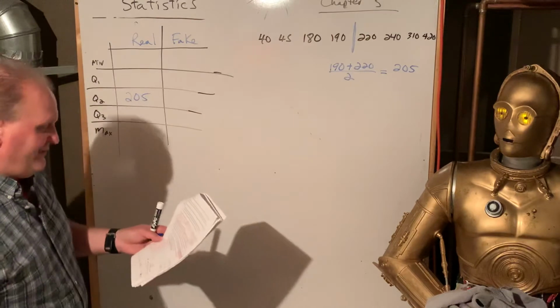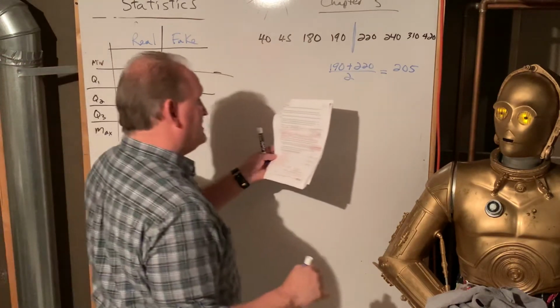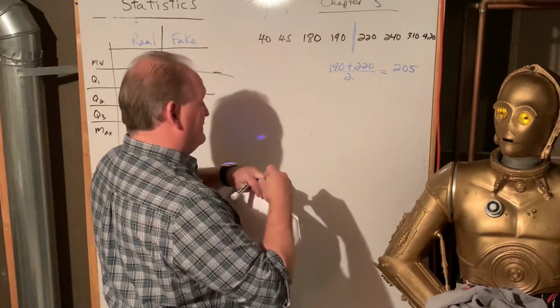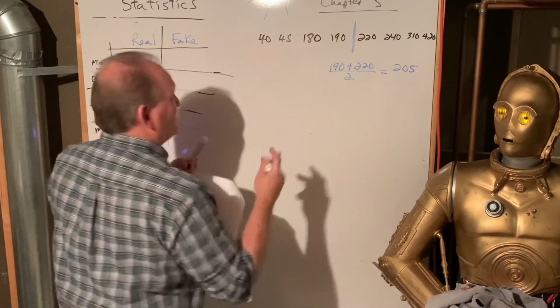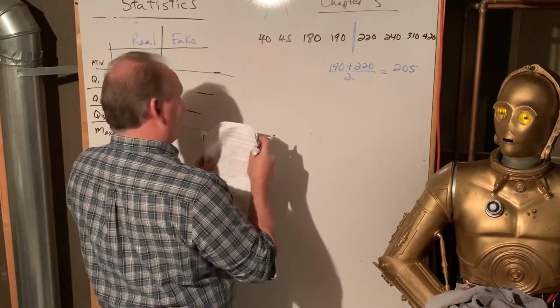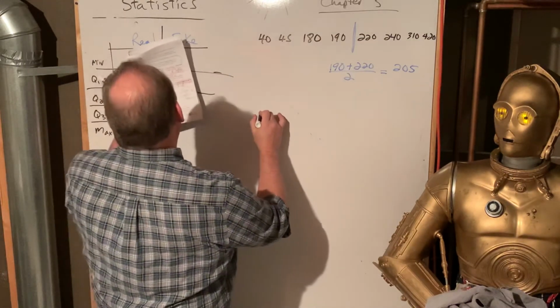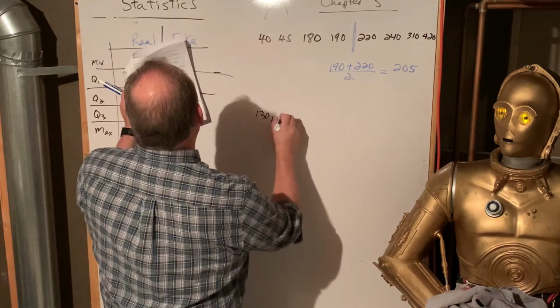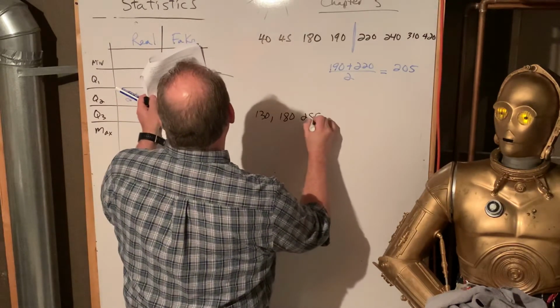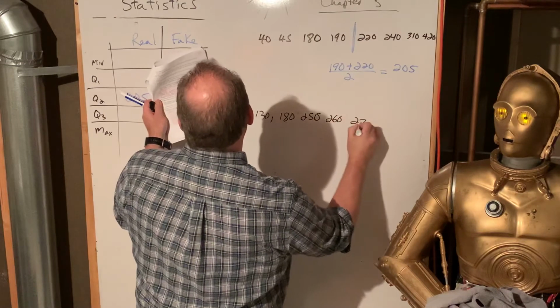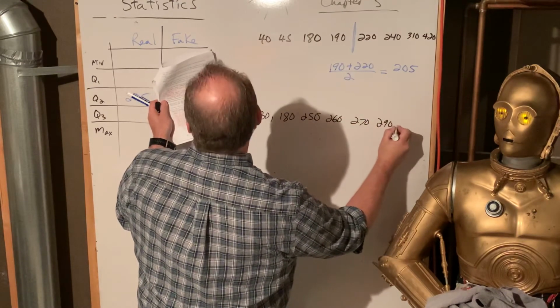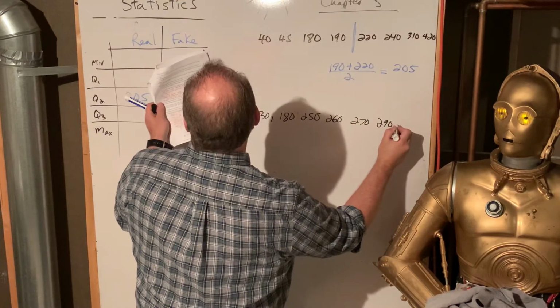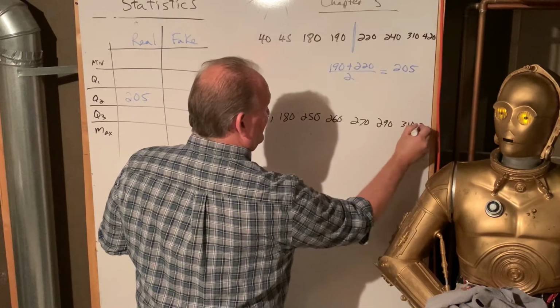And then the fake, we'd have to do the same thing. We'd put them in order. I'm almost scared now to put them in order. What's the order here? 130, 180, 250, 260, 270, 290, 310, and 340.